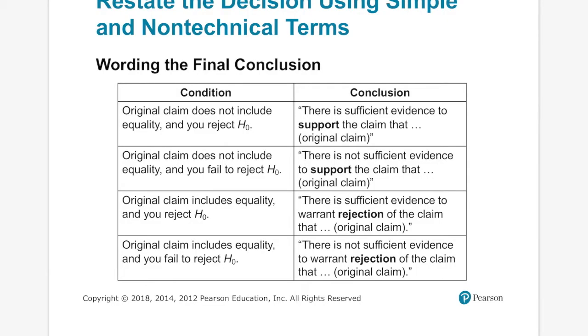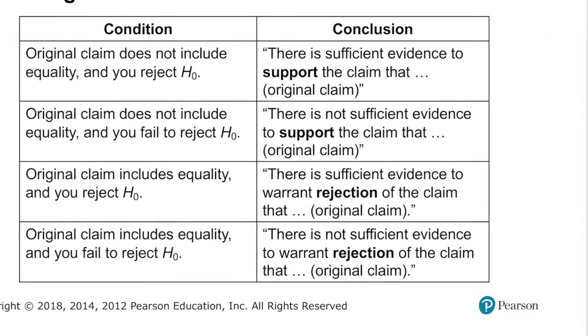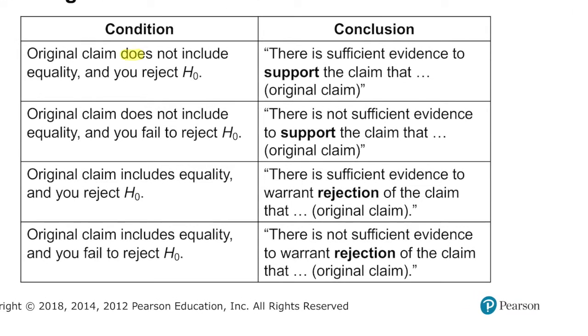I also created a chart to help you with your conclusion. If your original claim does not include the equality, then there are 2 situations. If you reject H0, then your conclusion should be there is sufficient evidence to support the claim that, and then you're going to insert your original claim in.